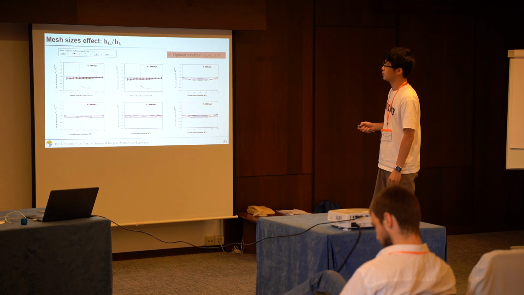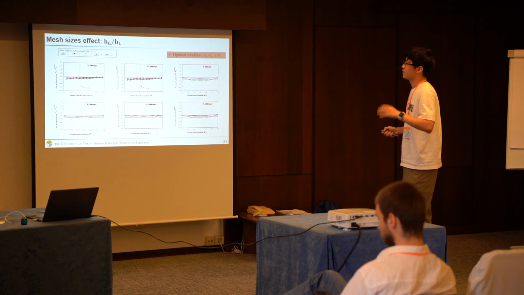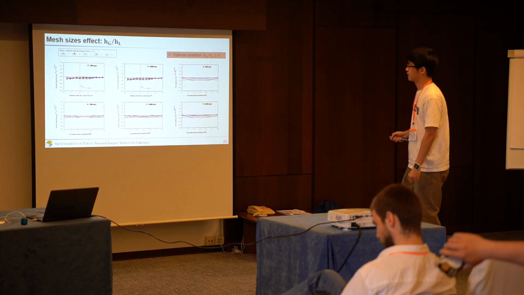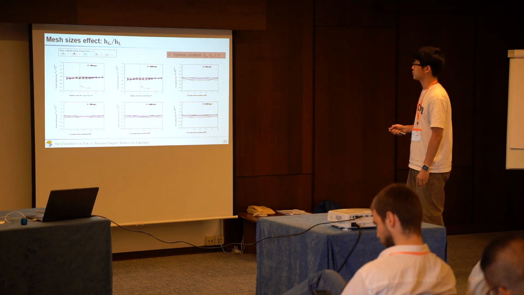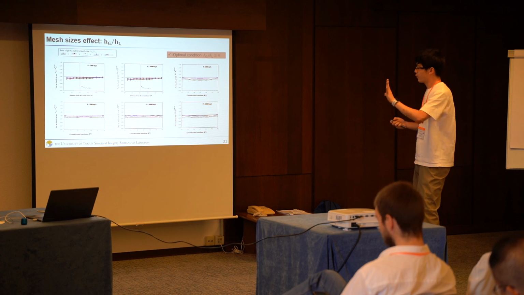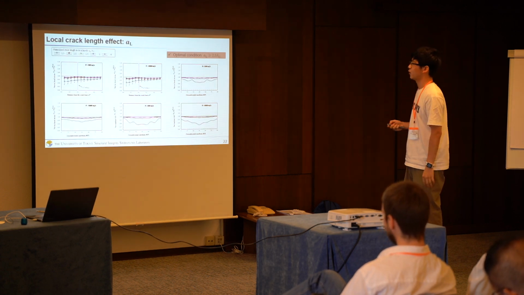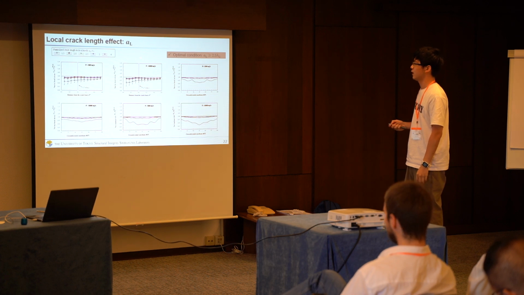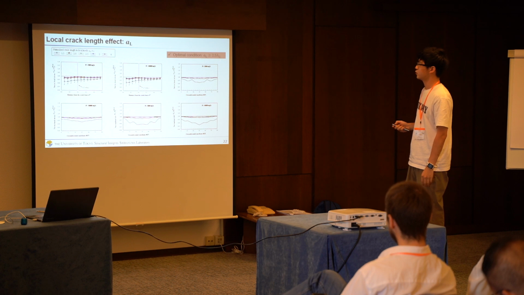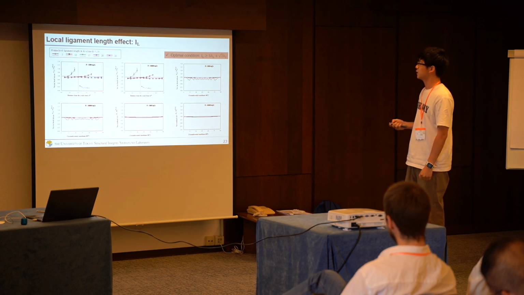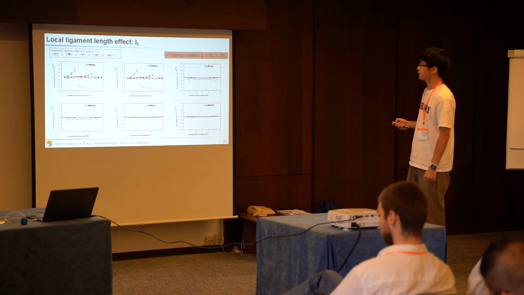lengths or ratios. First, we investigate the effect of the ratio of HG to HL, and from the result we found the optimal condition is larger than 4. Next, we investigate the effect of local crack length AL, and from all these results we find AL should be larger than 2.5 HG. The next is the length of the ligament, and it should satisfy this condition.